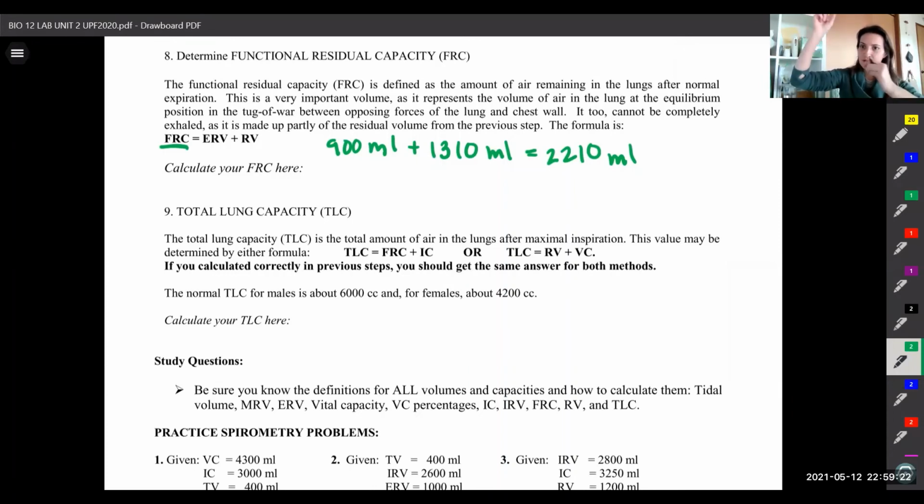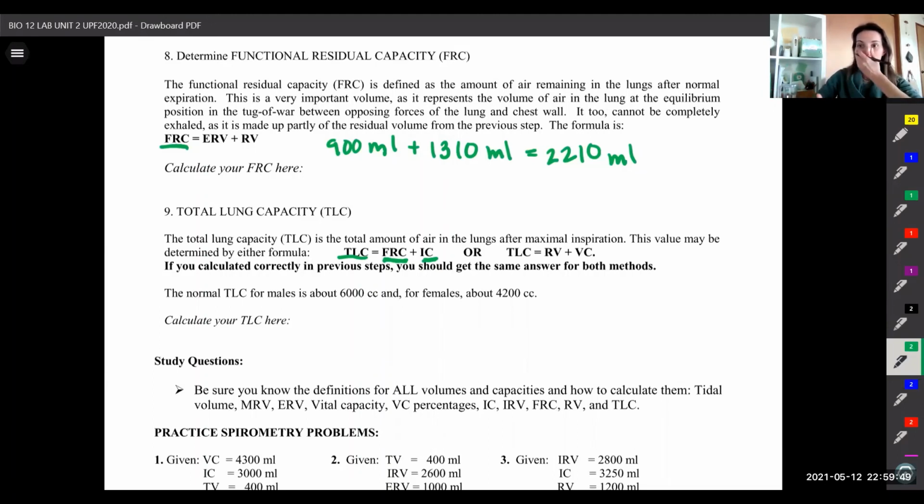And some of those we can then simplify, for instance, the IC, inspiratory capacity, the IRV plus the TV, and we just add that to the FRC, right? That would be the ERV plus the RV. And since we have those two measurements already, we can use that to determine total lung capacity.